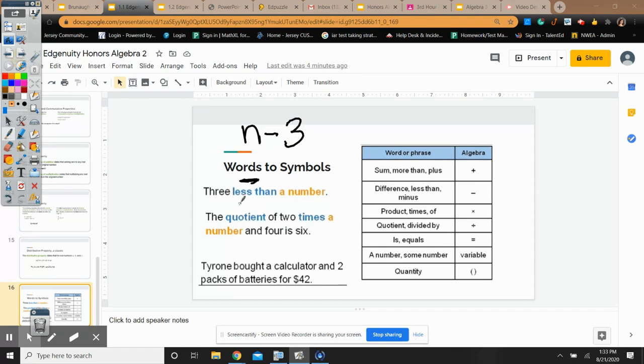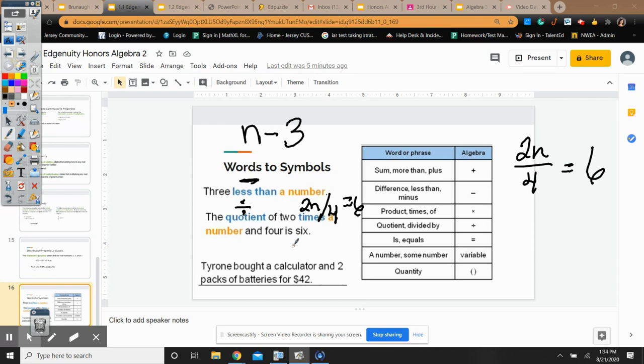The quotient, kids know it means divide, but you're going to take 2 times the number, which is 2n, and 4, and it's going to be 6. So the quotient, if you divide 2n by 4, you're going to get 6. So 2n divided by 4 is going to give you 6.